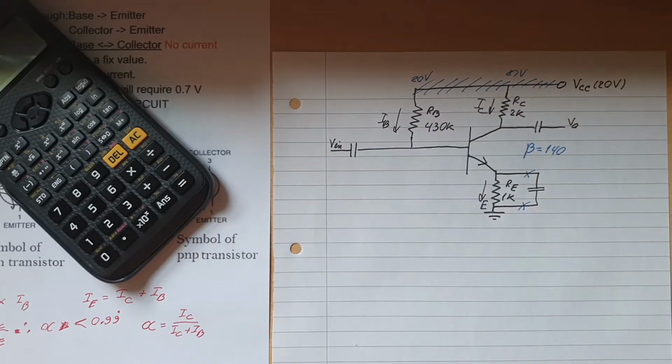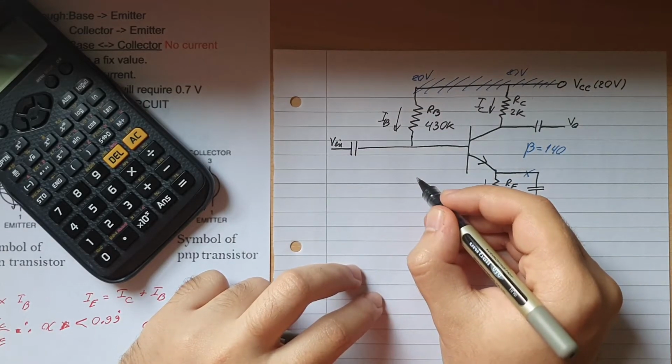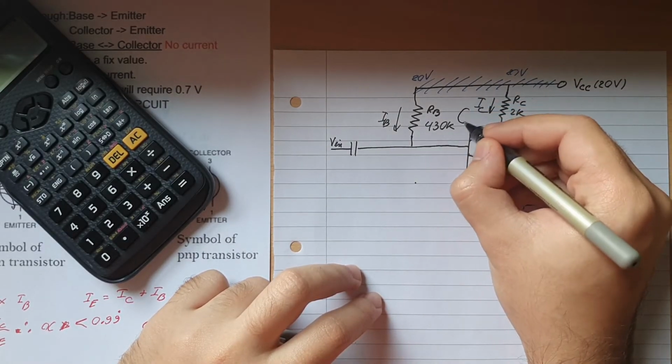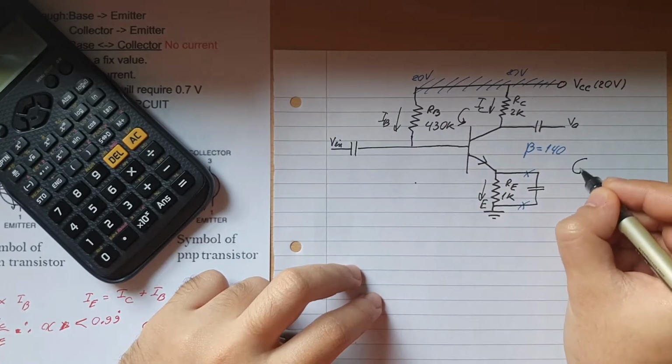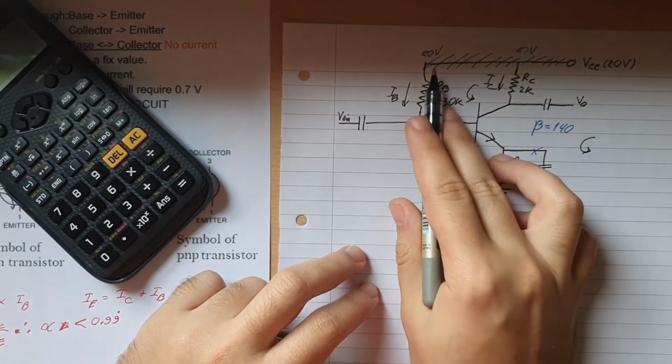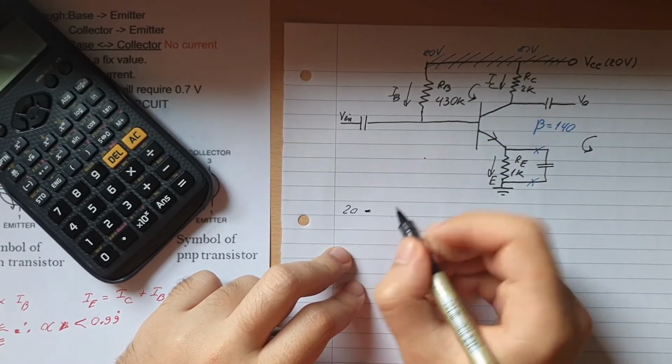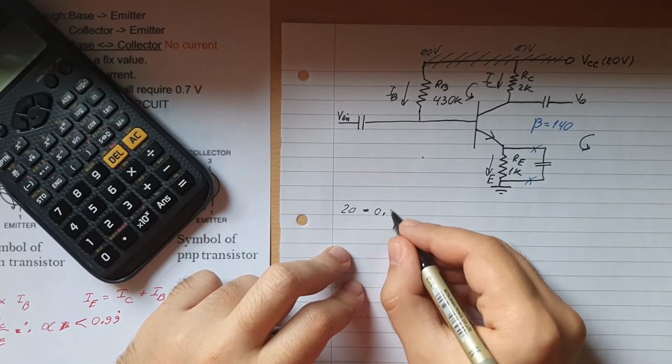Right, so what we do, well, we got the two loops. We got this one here in this direction, and this one here in this direction. We start with the top. That will be 20 minus 0.7, the transition 0.7.